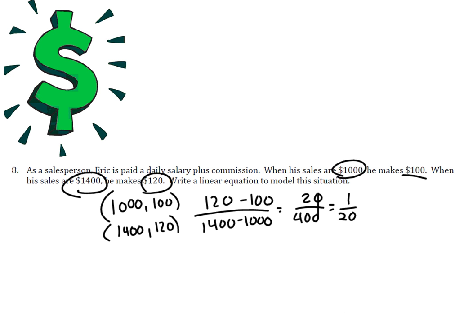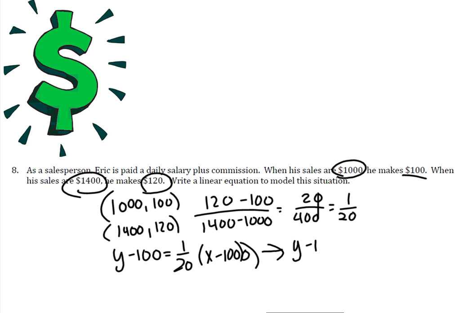So 1/20th is my slope. Now put that into point slope form. So let's go y minus 100. And again, you could use either point, but 100 and 1,000 sound like really easy numbers to handle to me. That's 1,000, not 100.